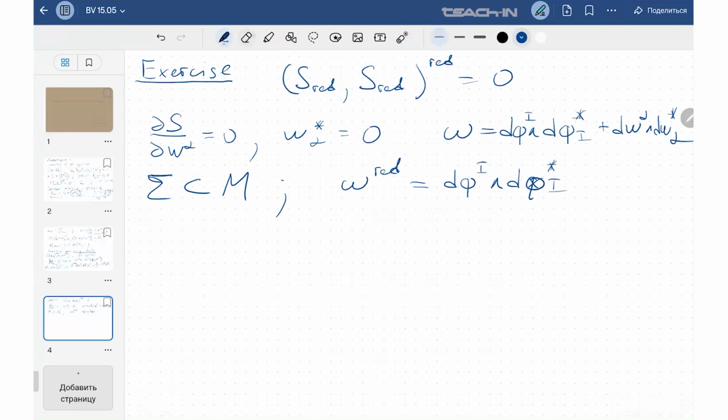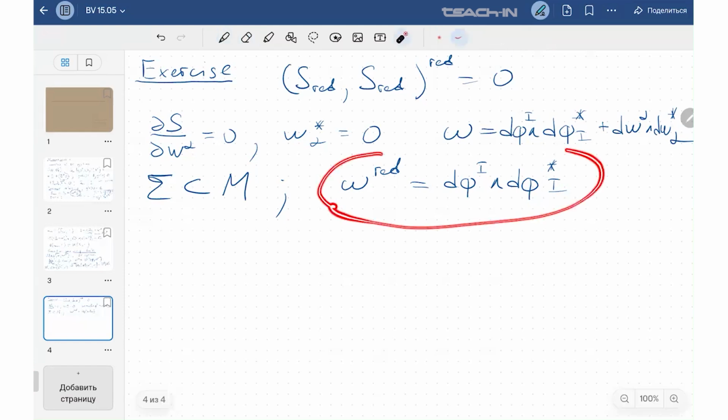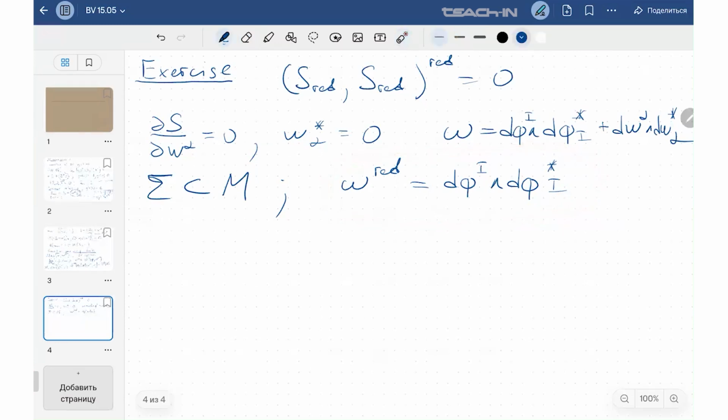Strictly speaking I should have called them differently, because these are coordinates on sigma, not on M, but they are just pullbacks of phi and phi star, so it's economical to use the same notation. So we are again dealing with a symplectic manifold with such a symplectic form.